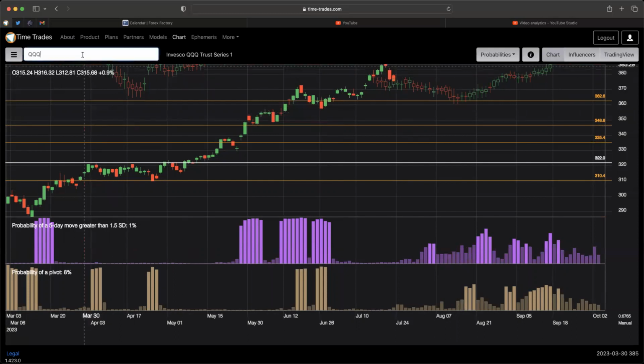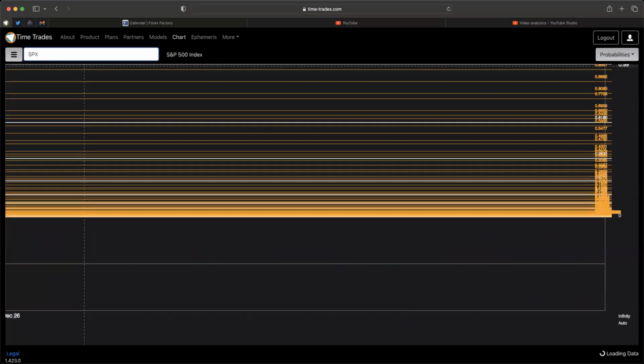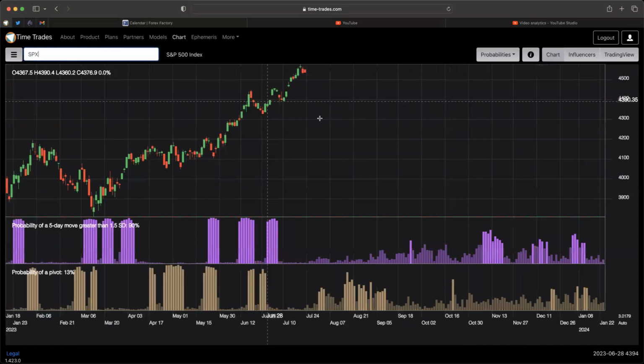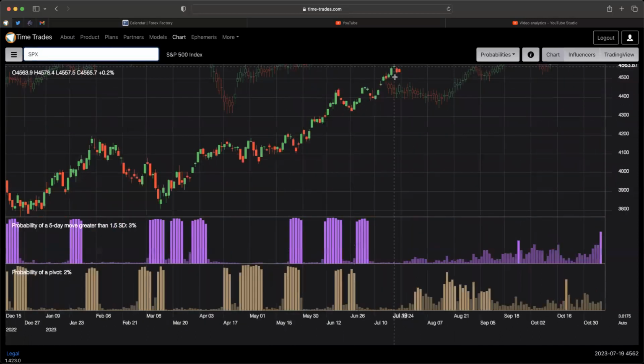Okay, so we can also see the same thing here in SPX, right? If we go to SPX and turn on the mass pressure index, we see a drop bottoming around August 11th, August 14th. We also see pivots in the machine learning peaking here around August 16th.